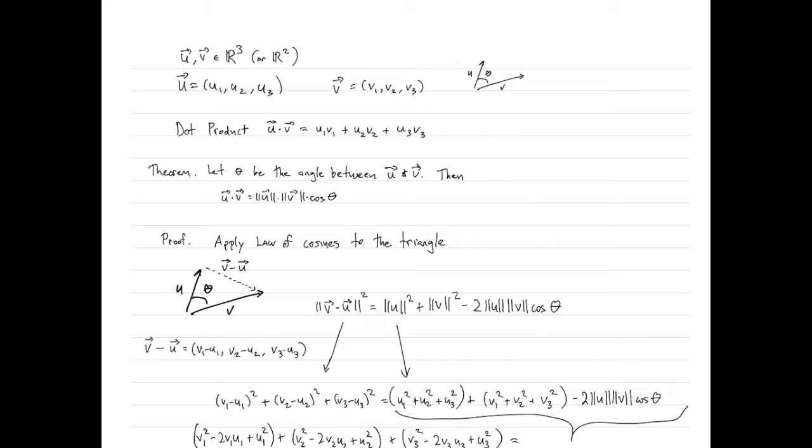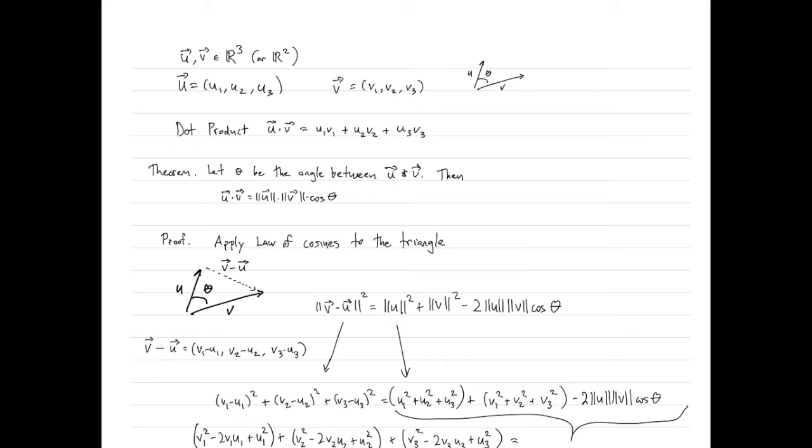This is actually a generalization of the Pythagorean theorem that says a squared plus b squared equals c squared. That applies when this angle theta is 90 degrees, in which case cosine theta is 0, and so you don't see this term. But if theta is not 90 degrees, there is this extra term.